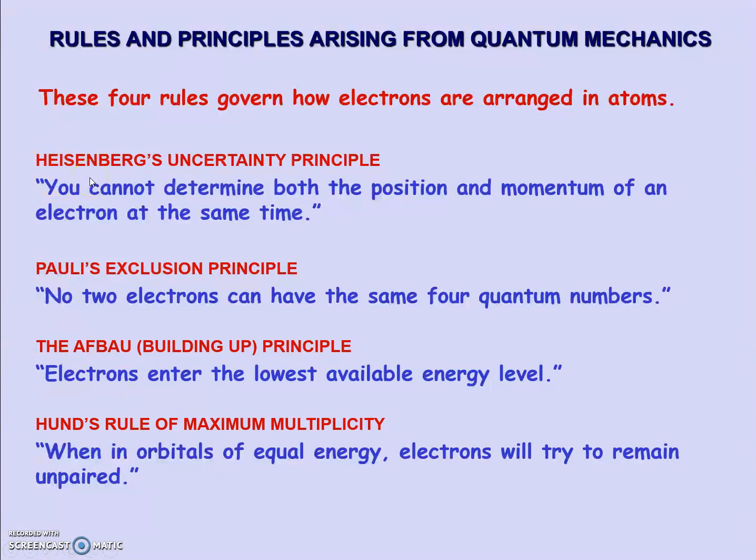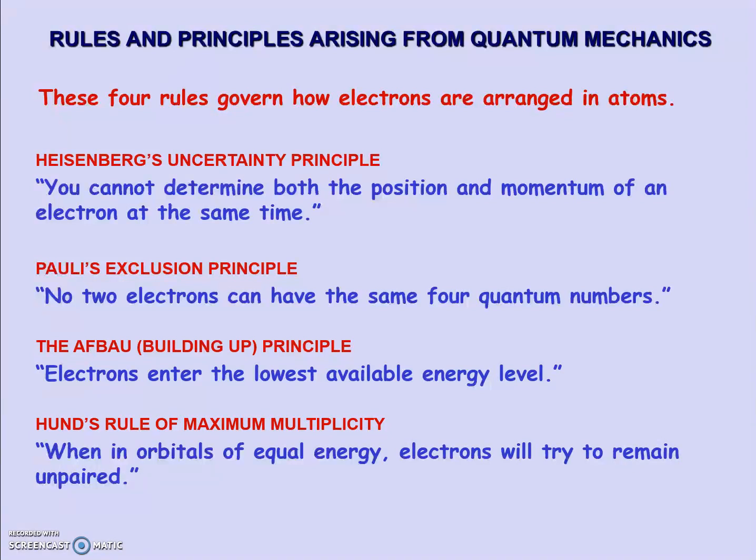Heisenberg's uncertainty principle. You may have heard of Heisenberg from Breaking Bad. And the reason for this, why the character was called this, is that the Heisenberg uncertainty principle says you cannot determine both the position and momentum of an electron at the same time.